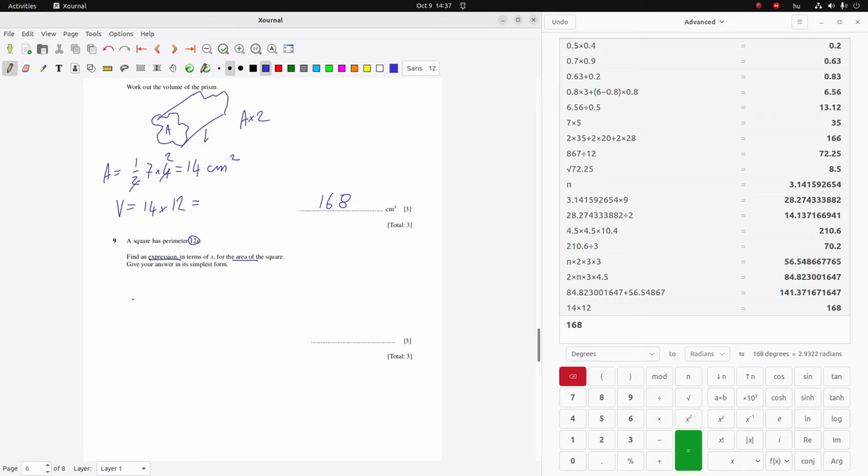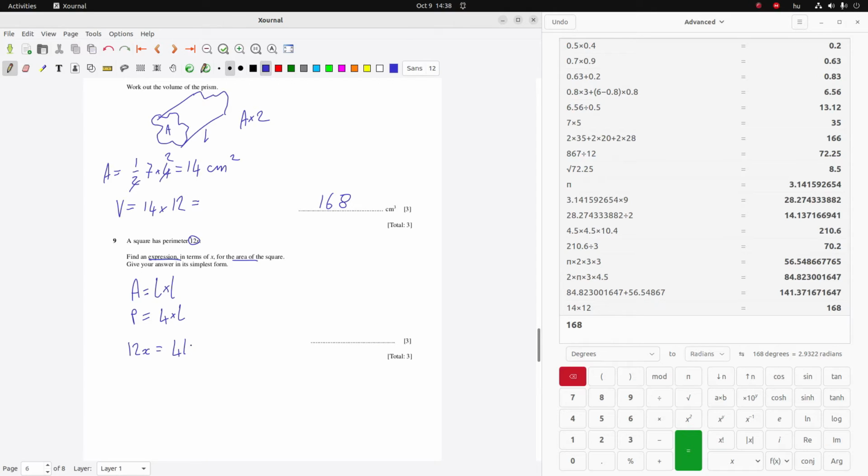So the area, as we know, is the length times the length. And the perimeter is equal to 4 times the length, because it's a square, right? So we know that 12x is equal to 4L.